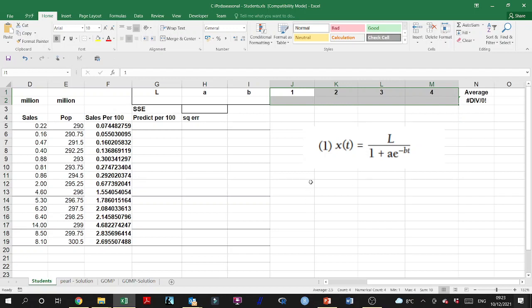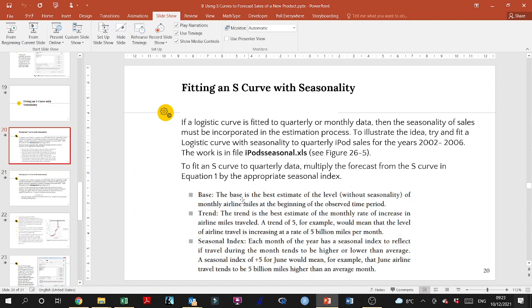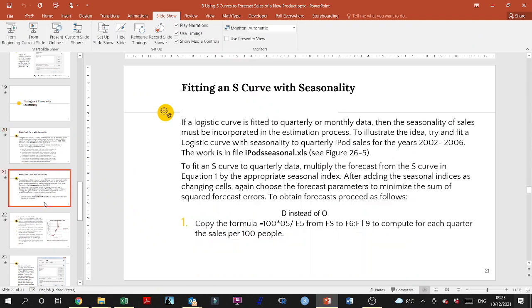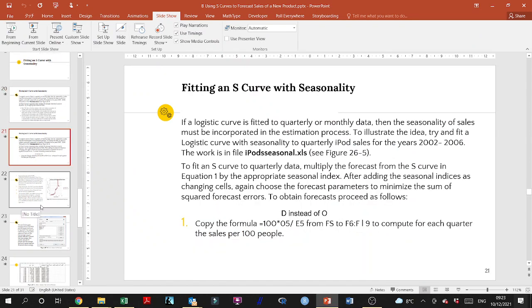So, okay, let's take a look here. How are we going to use the prediction with this season, with this period? This is just an explanation of the seasonality.